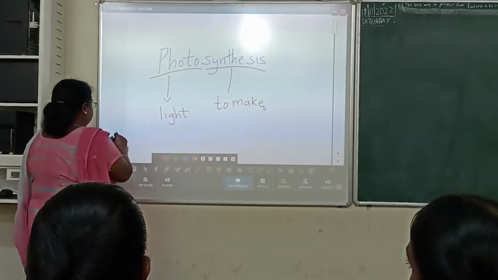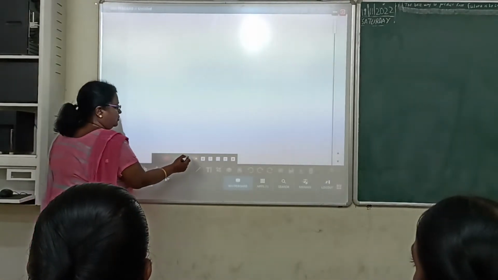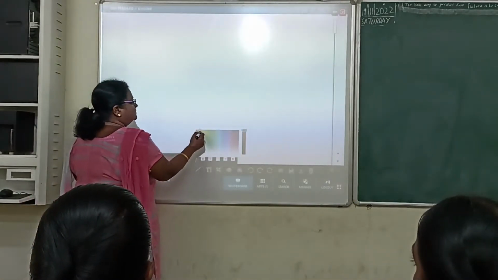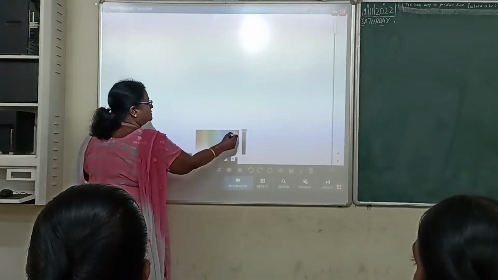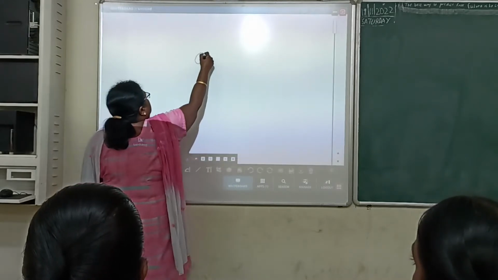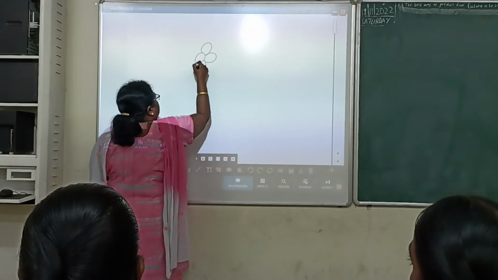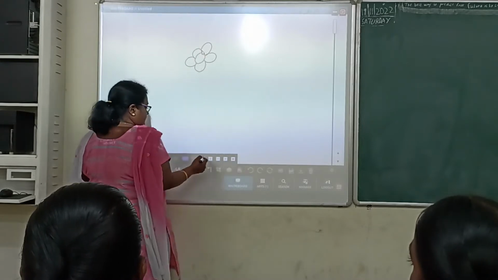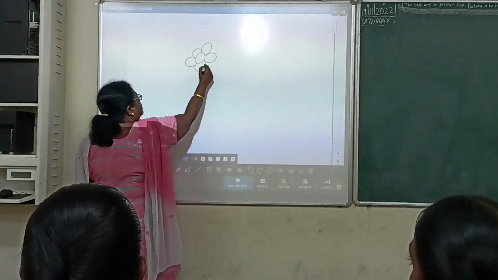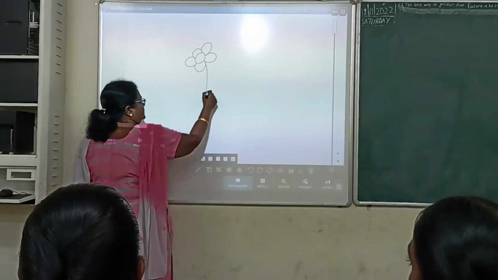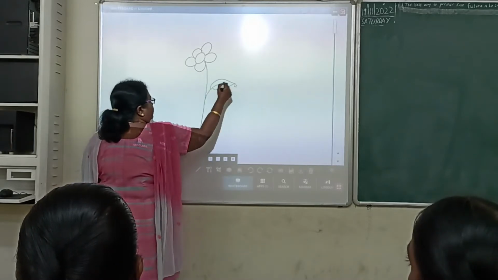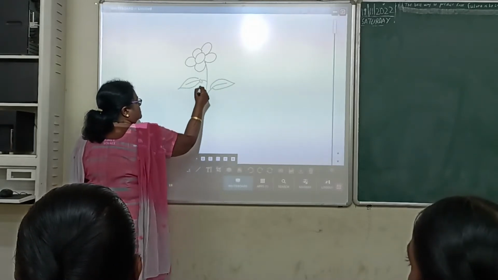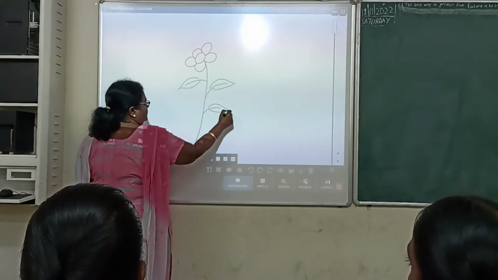Okay, next we go on to the next slide. I will just show you. This is the flower, and then you have the stem with the leaves attached. So this is a plant.